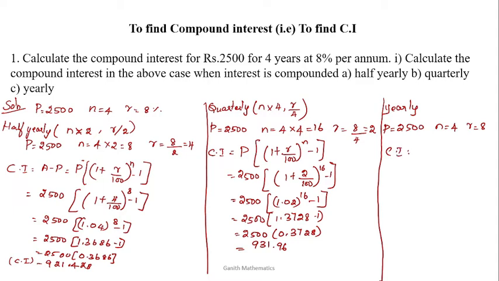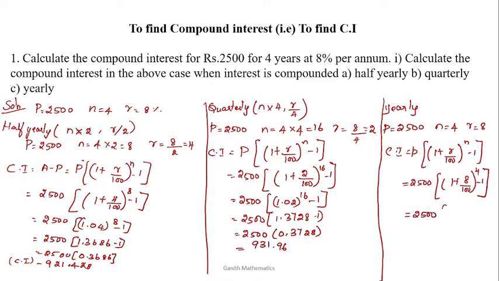So the compound interest will be P into 1 plus R by 100 the whole power N minus 1 and P is 2500. 1 plus R is 8 by 100 the whole power 4 minus 1, so which is equal to 2500 into 1.08 the whole power 4 minus 1, and that is 2500 into 1.3605 minus 1, so it would be 2500 into 0.3605, and the answer will be 901.222.